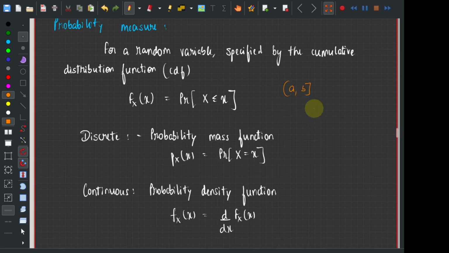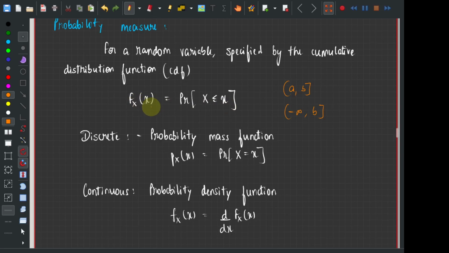So each of these has to be a valid event, which means that the probabilities of each of these events should be defined. Correct. Now I can trivially look at events of this particular form, which corresponds to the event that x is less than or equal to b. And the probability for each of these events should be well defined, and that just corresponds to the probability that X is less than or equal to x, which is the CDF.